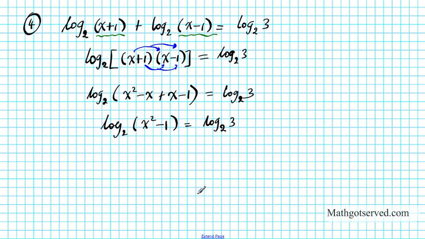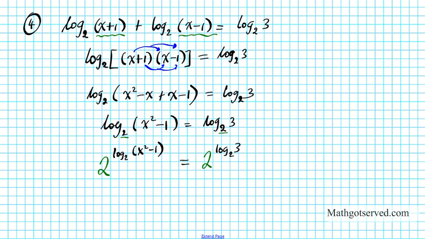Now that I have consolidated my logarithms and have a uniform log base 2 on both sides, I can go ahead and eliminate. Since the bases are 2, I'm going to use that as my base of exponentiation. So put a big 2 on the left and a big 2 on the right. On the left side, we have 2 to the log base 2 of x squared minus 1, equals on the right side 2 to the log base 2 of 3.